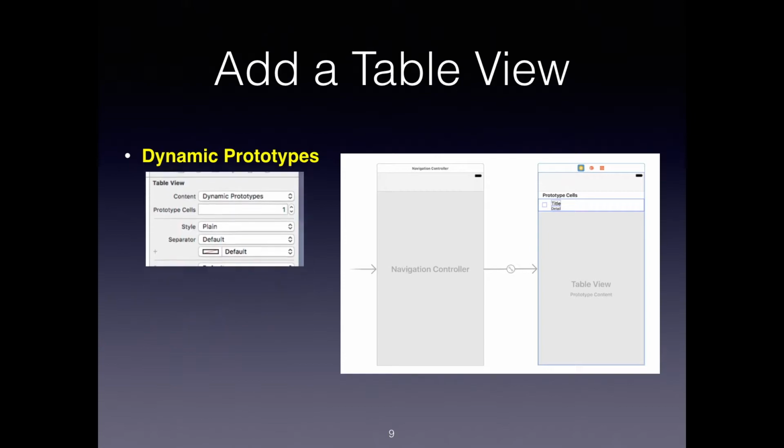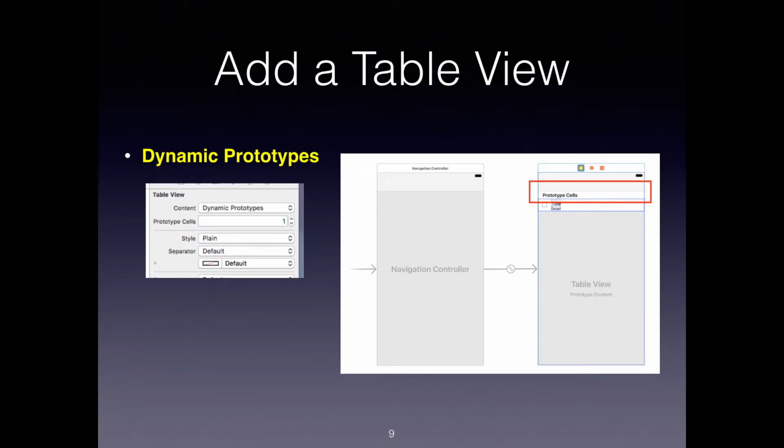Okay, so the first thing we want to make sure of is that we identify, because this is in a table view where we're going to be loading up different members, we're going to want to make this a type dynamic. Remember, we talked about static and dynamic table views.